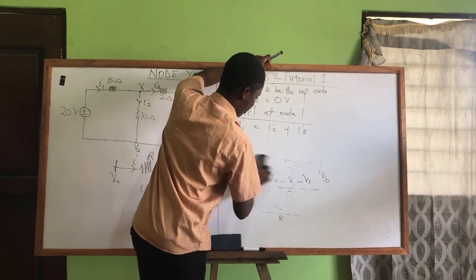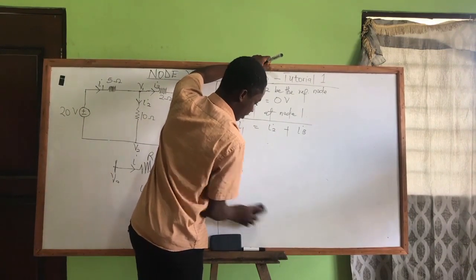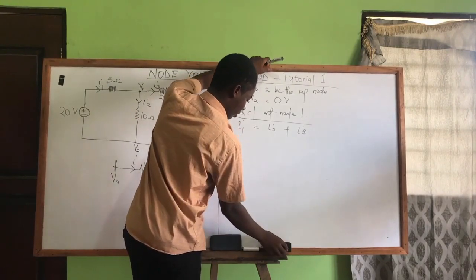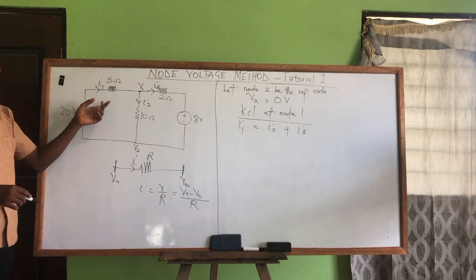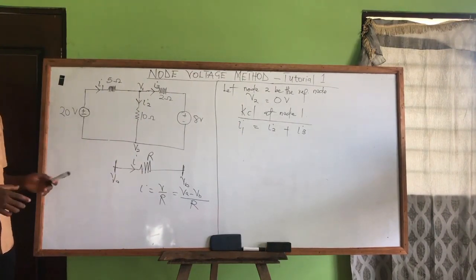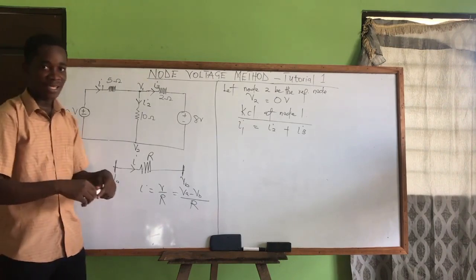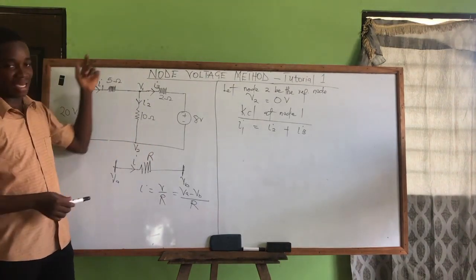We are going to express the currents in the equation in terms of node voltages. Let's see I1. Looking at this diagram, I1 is the current here. Don't forget, you can use the basis that I1 starts from a node and moves all the way to another node.